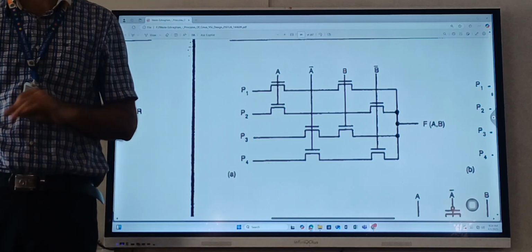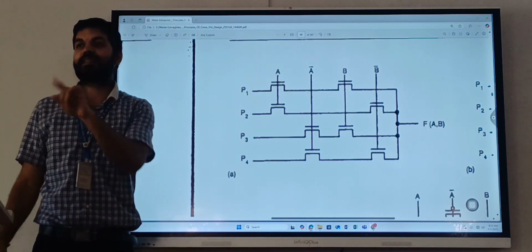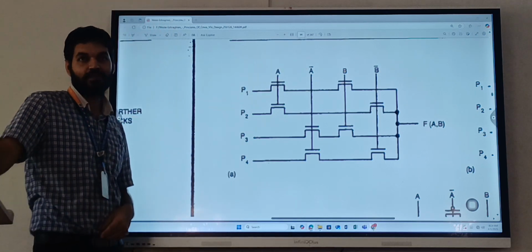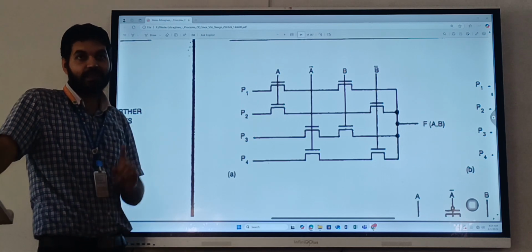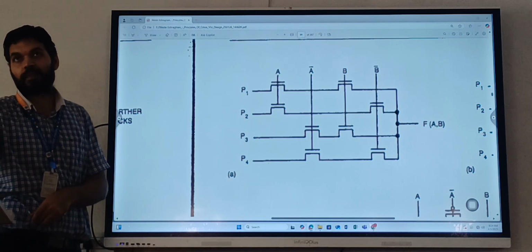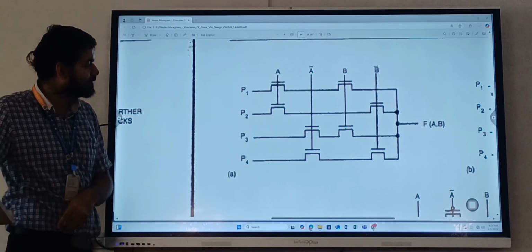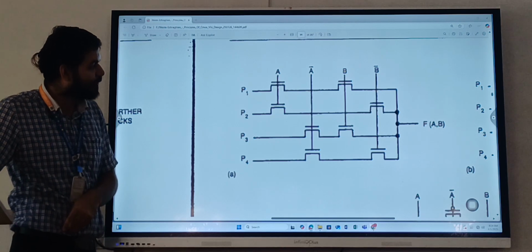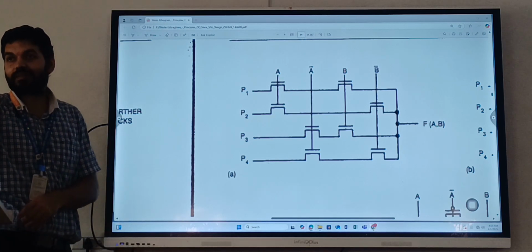A is 1, B is 0. Output will be what? Correct.